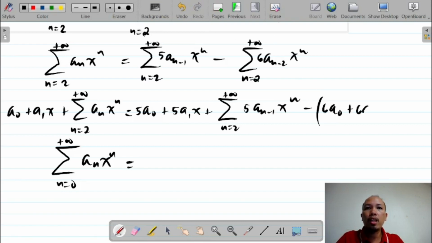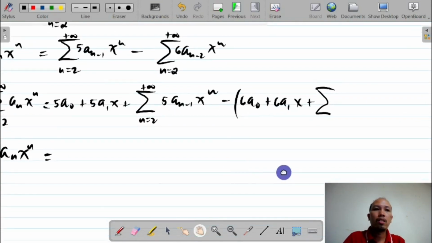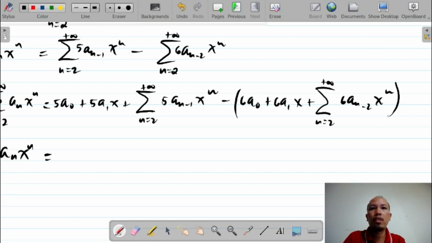plus 6 a sub 1 x to the 1 plus summation of 6 a sub n minus 2 x to the n starts from 2 to positive infinity.